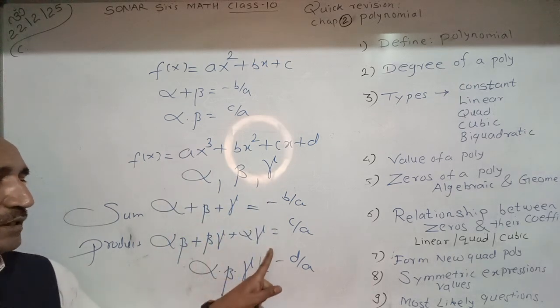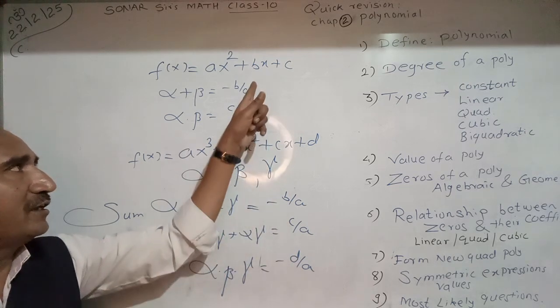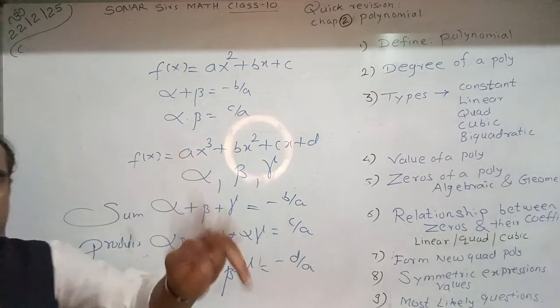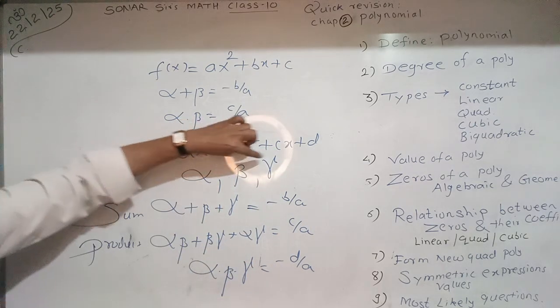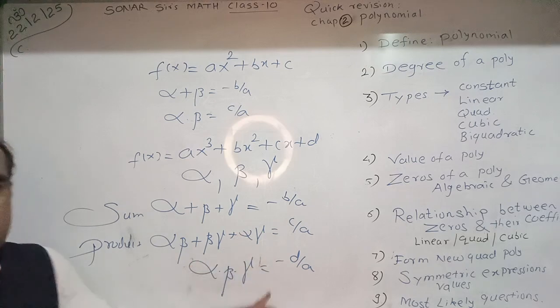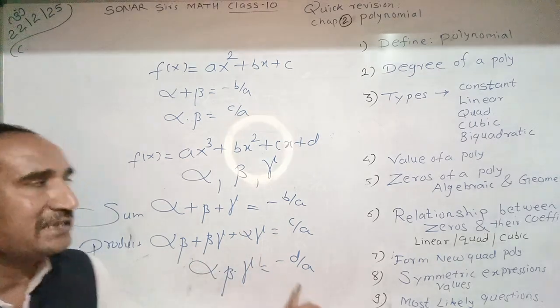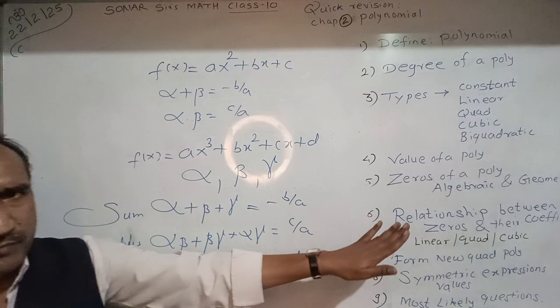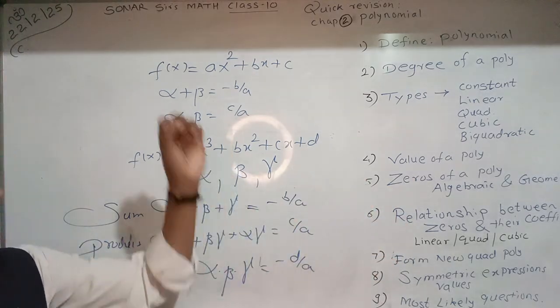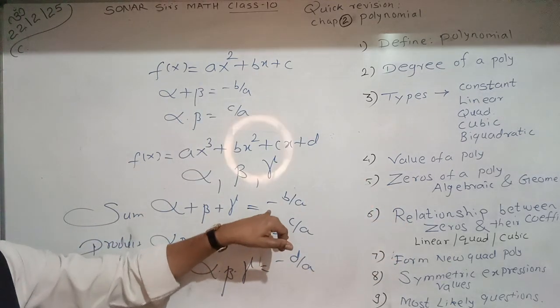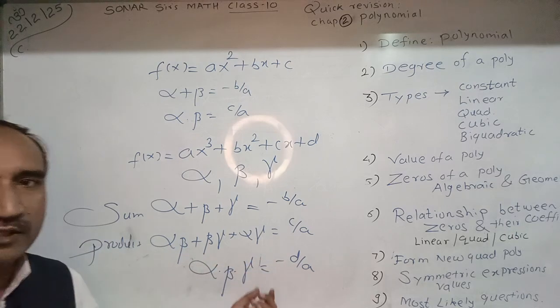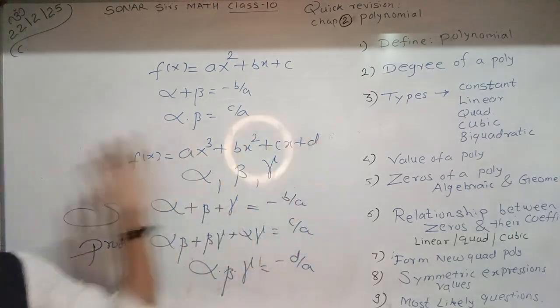And their sum of products is the second term, that is c upon a, and the third term is the product of these three zeros, alpha into beta into gamma, which is minus d upon a. Again, if you forget the sign, just remember when it is minus, the next term is plus, and the third term is minus. It alternates this way.